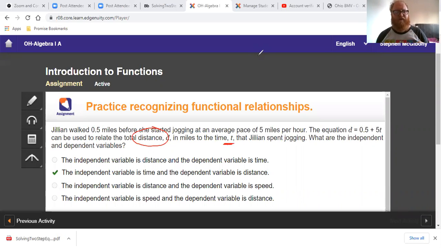So the dependent variable depends on something else. The independent variable is time, because that just depends on how long Jillian is going to decide to jog. So the independent variable is time, and the dependent variable is distance.